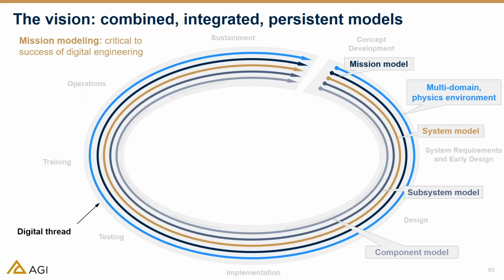All right, so I just wanted to circle back to what we've presented since the start of this webinar series, which is the vision of digital mission engineering, which is really to connect all of the engineering and systems models to the mission model that is rooted in a multi-domain physics environment.